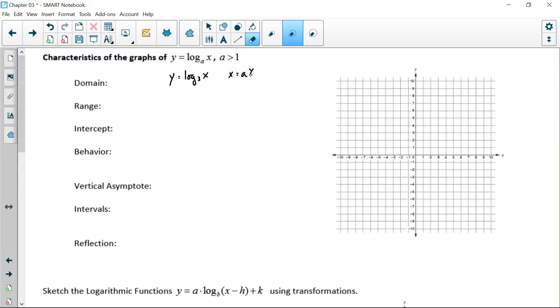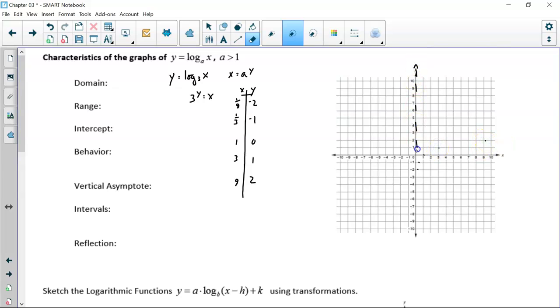So we would rewrite this as 3 to the y equals x and make a table of values: negative 2 for y, negative 1, 0, 1, and 2. So we have 1/9, 1/3, 1, 3, and 9. So we're at 1/9, negative 2, 1/3, negative 1, 1, 0, 3, 1, 9, 2.